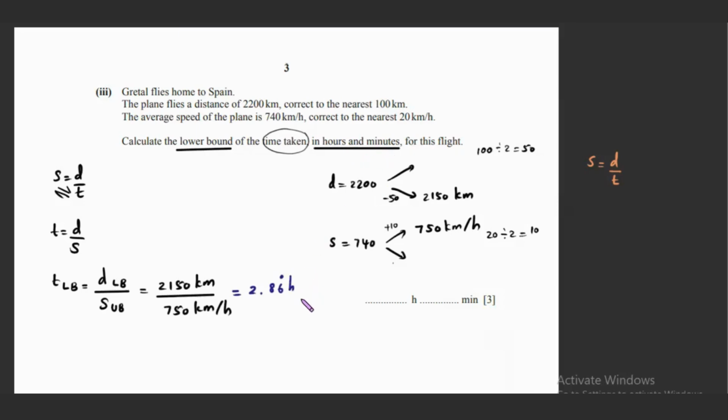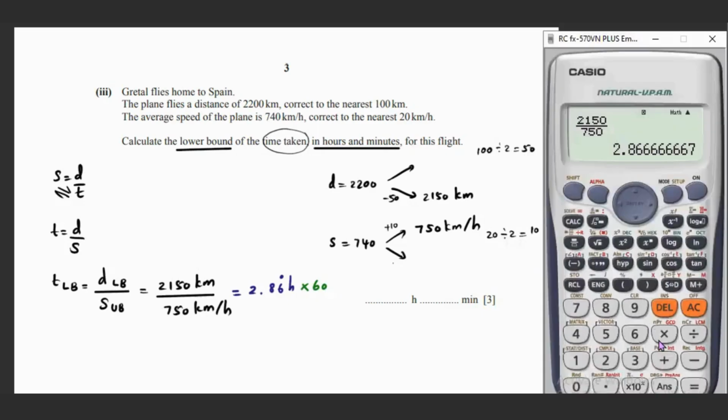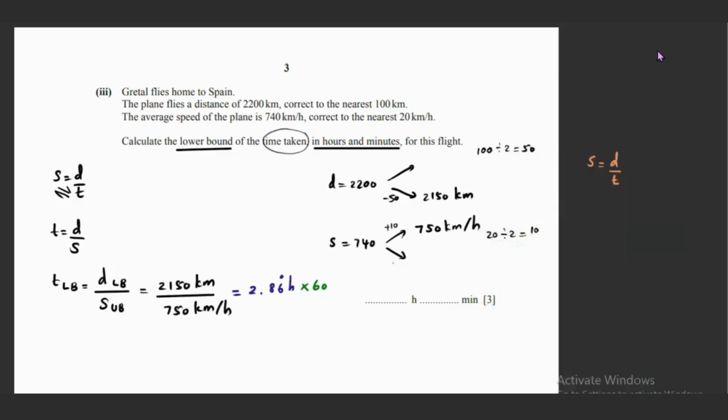So we need to make sure that I'm going to convert it into minutes first. So to do that, I need to times this by 60. So then let's times this amount by 60. So when I do that, I get 172, which means we get 172 minutes. So this is the same as 172 minutes, but we need to write it in hours and minutes.